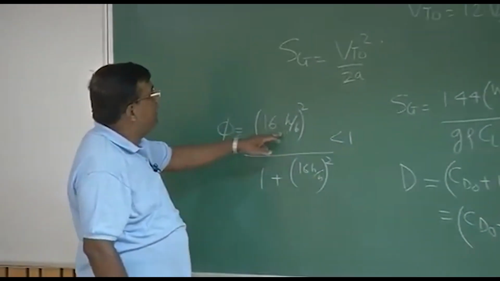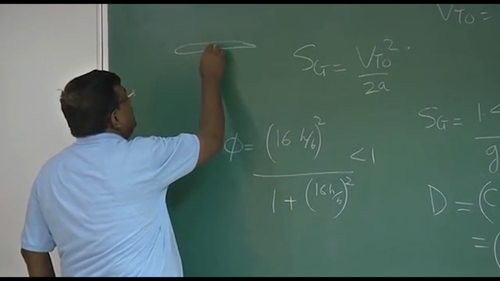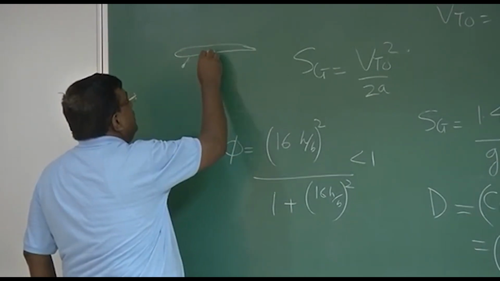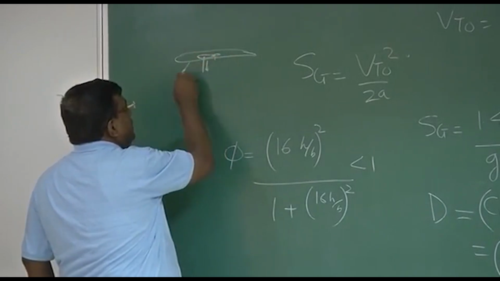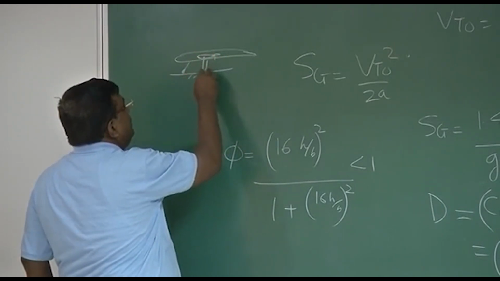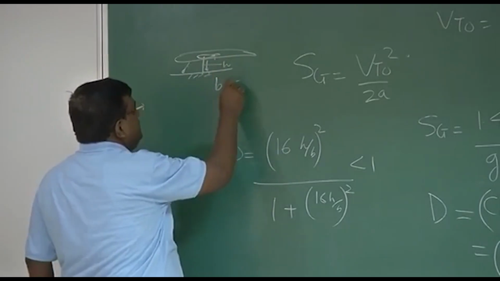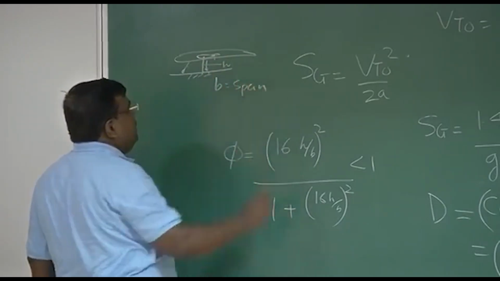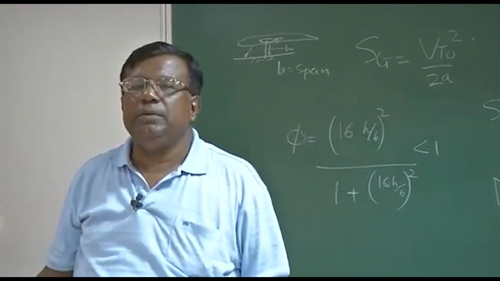What is h? h is the distance of the wing from the ground. This is the h, and b is the span. b, you know, is the span, right? If it has flown 2 to 3 times the span vertically, then ground effect should not be taken into account at all.